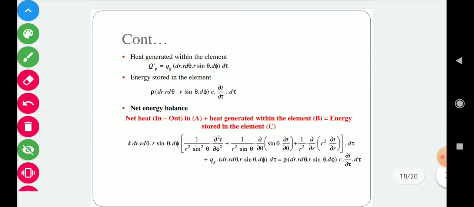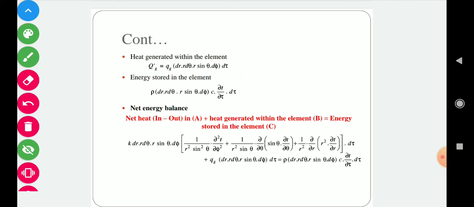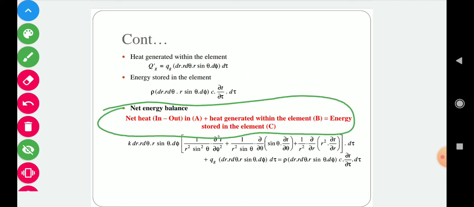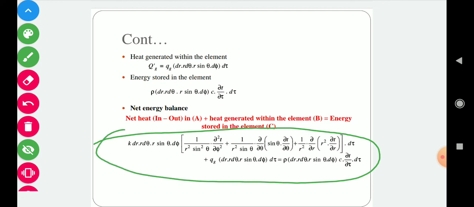Again this one is heat generated, and this one is energy stored in the element. Now put all these values in the net energy balance equation, that is net heat in minus out plus heat generated within the element will be equal to heat stored in the element, and after putting the above equations in this overall energy balance equation, you will get this equation.